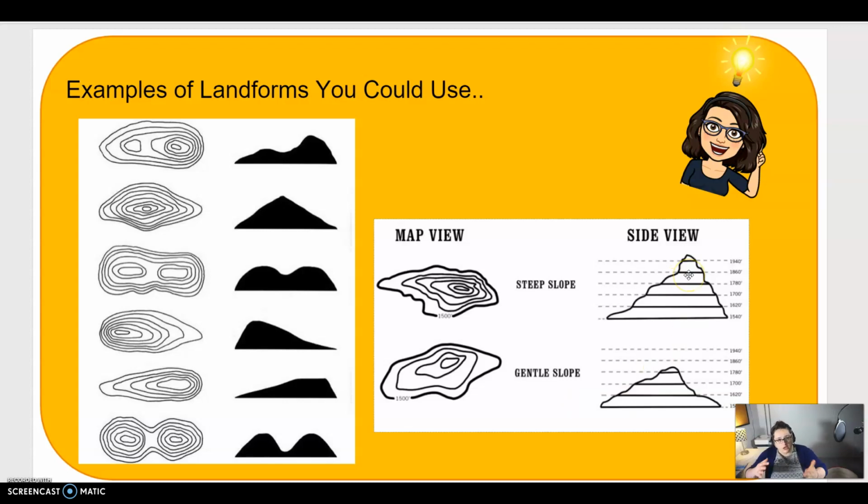And they actually give you what it would look like if you're looking at that slope. It looks steep, right? And this is what it would look like if you were to draw the contour lines, versus a gentle slope. Gentle slope going down, easy to walk up, right? Would be further spaced apart like this. I will post this PowerPoint by the project so you can reference it as you're making your map.